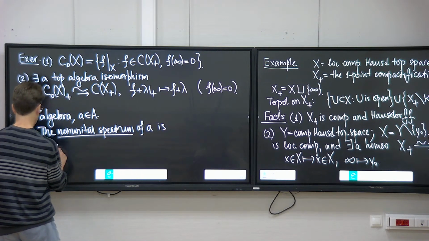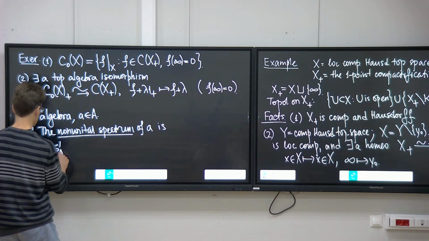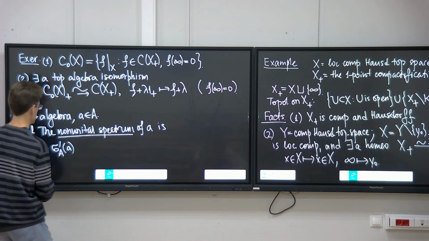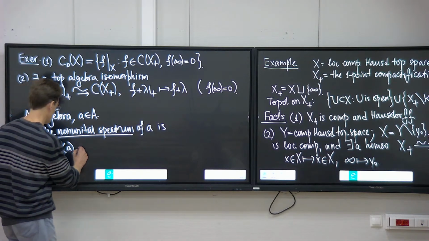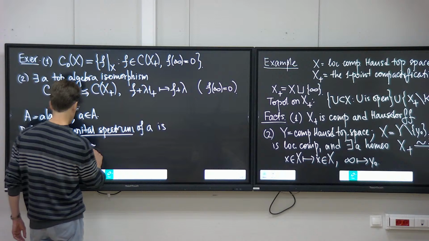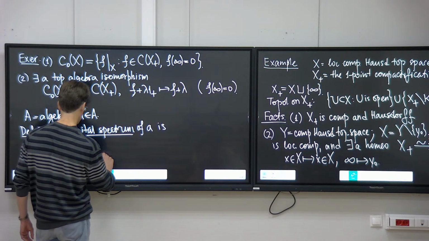This is a subset of the complex plane, which will be denoted by sigma prime of a. And the definition is very simple. We define it to be the spectrum of a in the unitization of A.